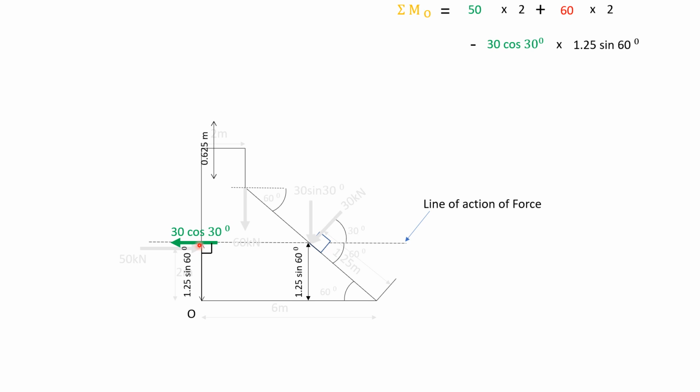So it will rotate anti-clockwise. So 30 cos 30 degrees into 1.25 sin 60 degrees anti-clockwise, so minus.